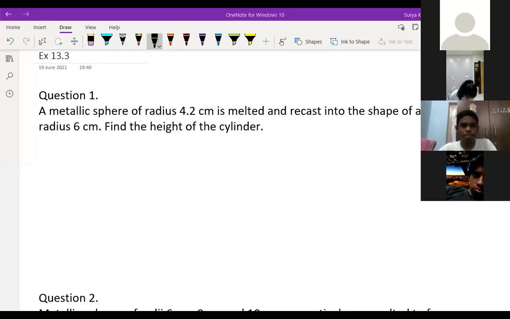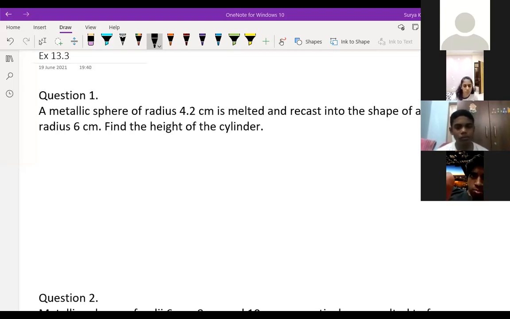This recast thing is a very interesting exercise. Recasting is nothing but, suppose you have a spherical thing, like mittika, soil, and this is loose soil.